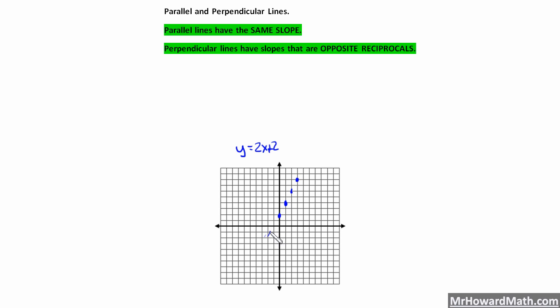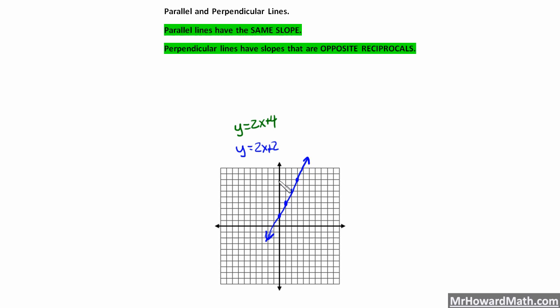We can sketch that in here like this. And then if we had a parallel line to that, an example would be y equals 2x plus 4. So we have the same slope here, 2 and 2, right? That's what our definition says. We need the same slope in both cases.